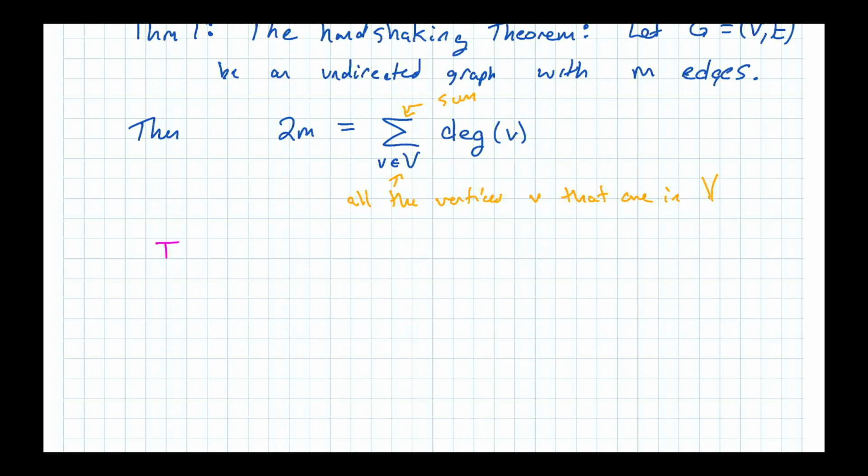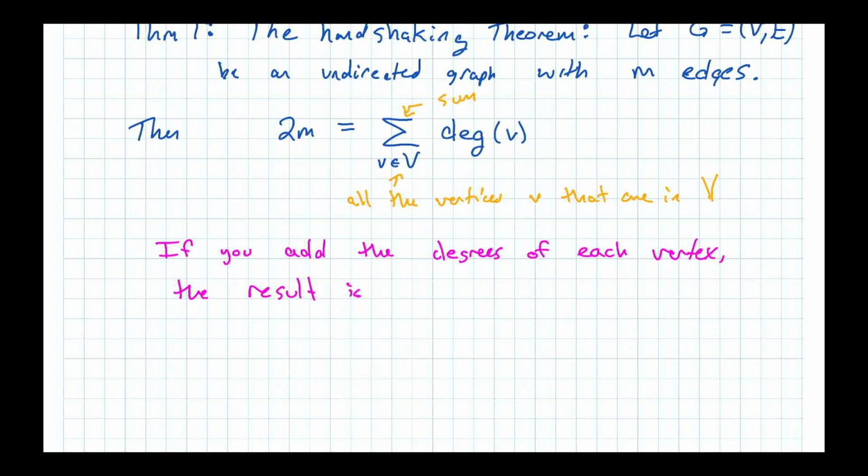So if you add the degree of each vertex, the result is twice the number of edges.